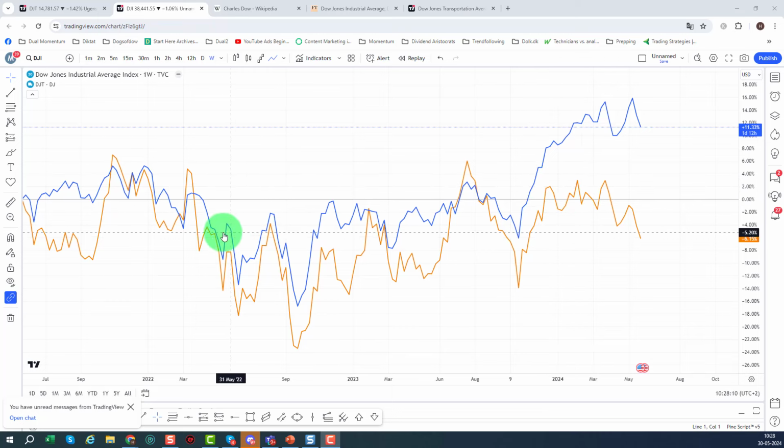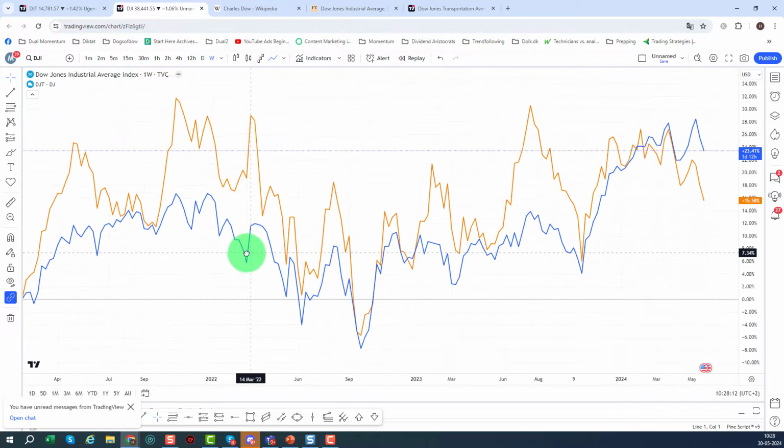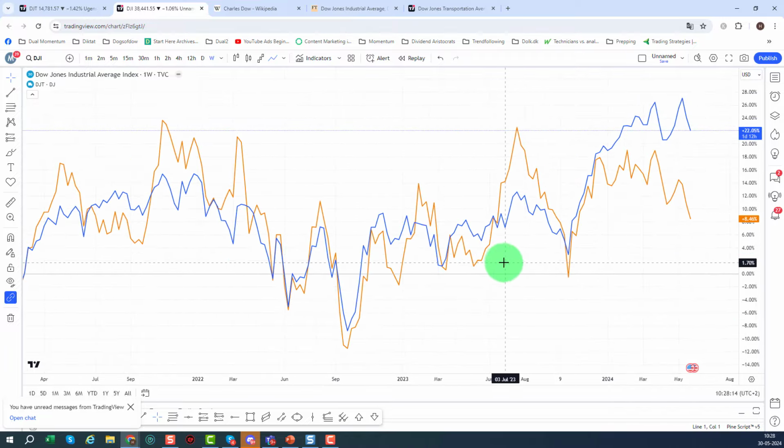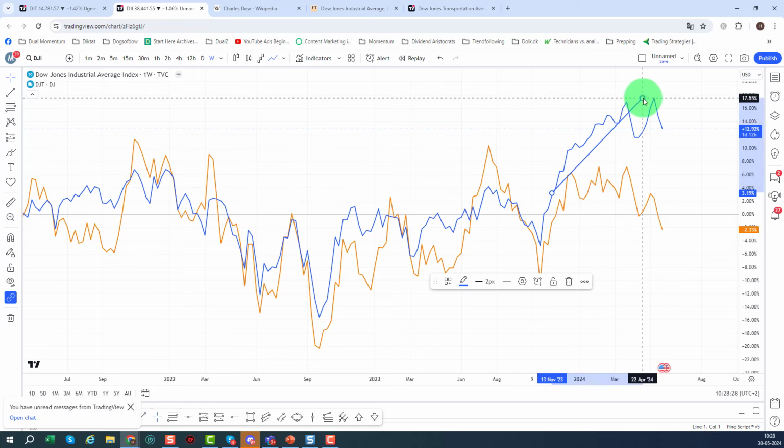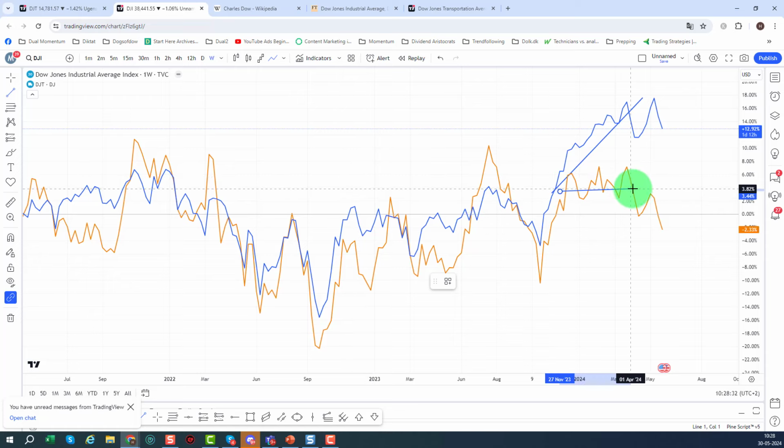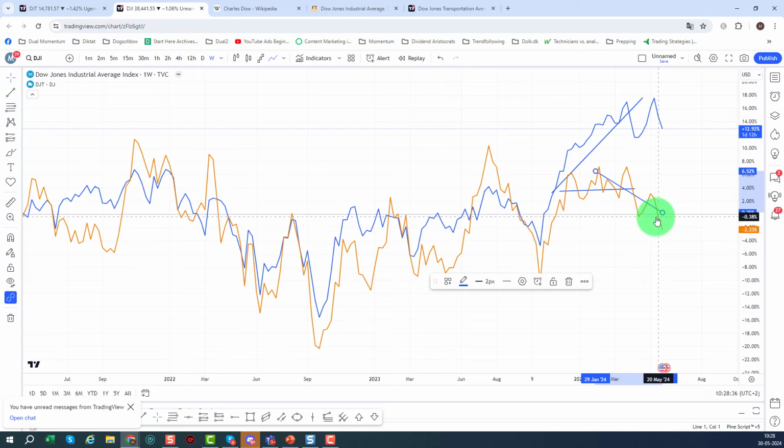And what we can see is that they normally correlate quite well. However, of course, they're not completely 100% in sync, but a lot of the time they are really showing some good correlation. But what we can see right now is that the Dow, the normal industrial index, have been going up, whereas the transportation index is actually going down.